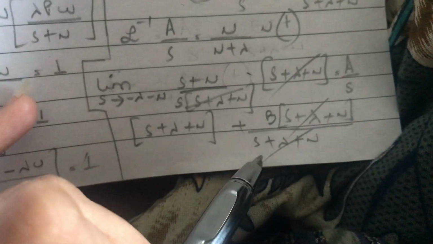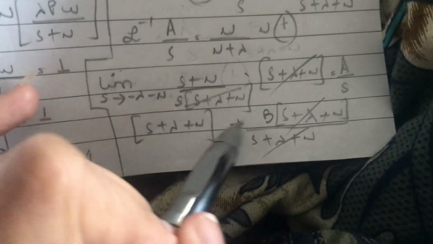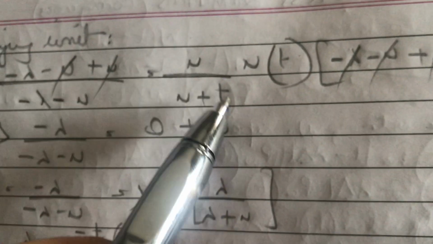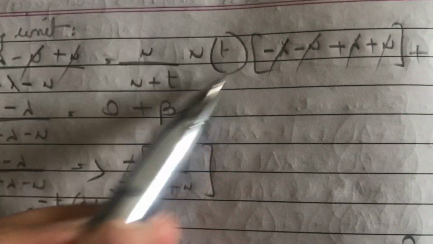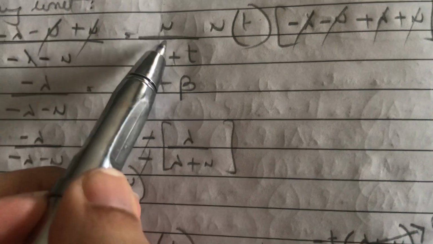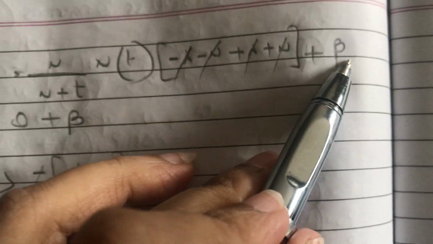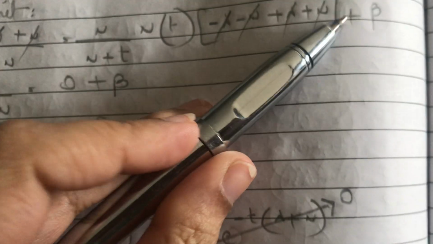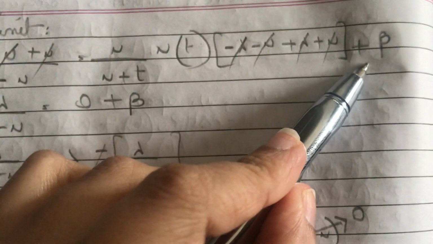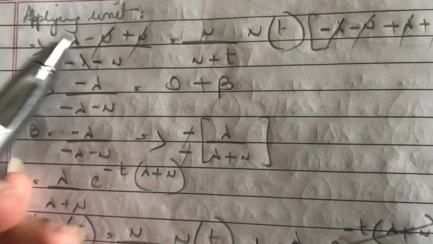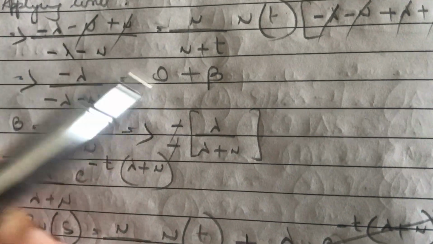And plus B over, this thing goes away, only B remains. So what we see, this is A over s as we said before, and this thing that I told you plus B. So B is equal to minus lambda over minus lambda minus mu. We got this now.